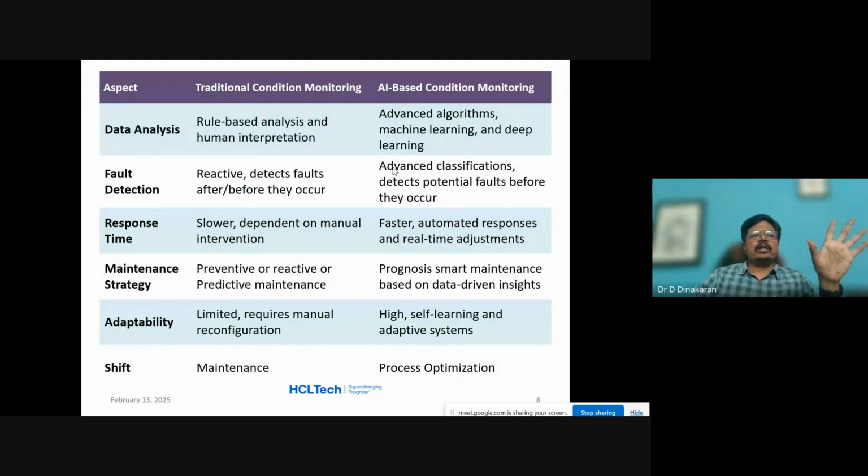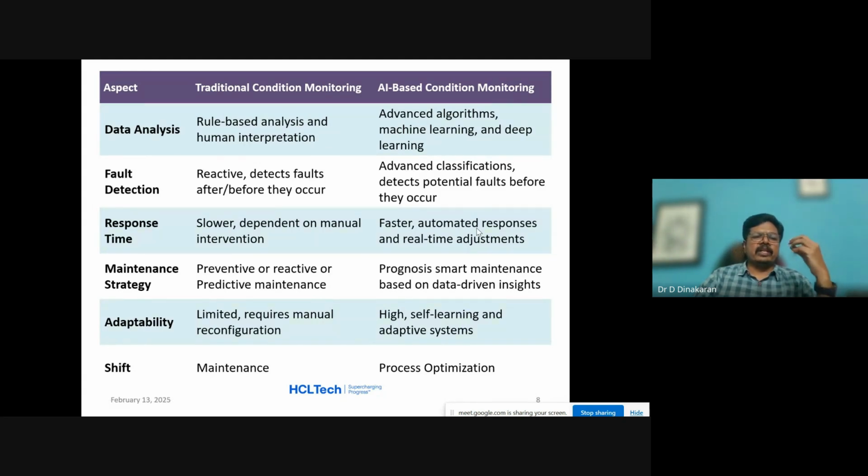In the data analysis, as I told you, similarly, advanced machine learning algorithms are used. Data classification and fault detection you can easily do with classification algorithms. Previously, that was done by persons. Response time is very, very fast. Within a fraction of a second, the algorithm will work and tell you.